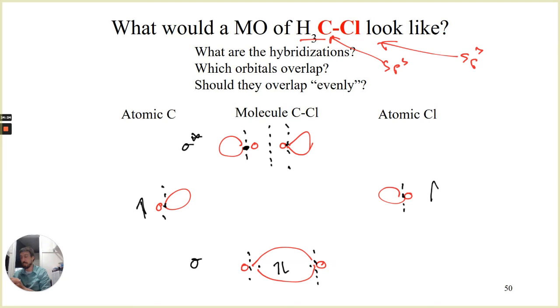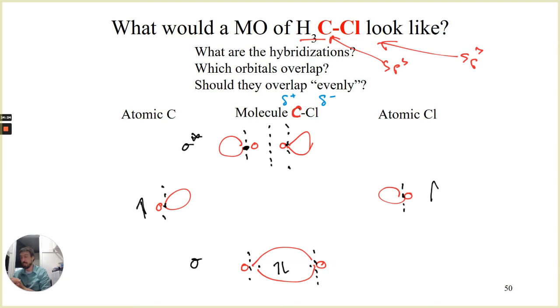Remember what I talked about: we need to get our electrons to go from a highest occupied to a lowest unoccupied orbital. It turns out that the carbon-chlorine bond, or this particular molecule, is particularly susceptible to atoms attacking the carbon. Why might that be the case? Well, chlorine is more electronegative, partially negative, and the carbon is partially positive, so we would expect electrons to come in towards that carbon.